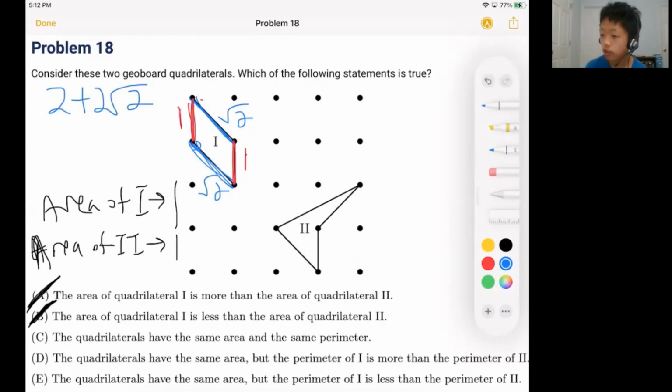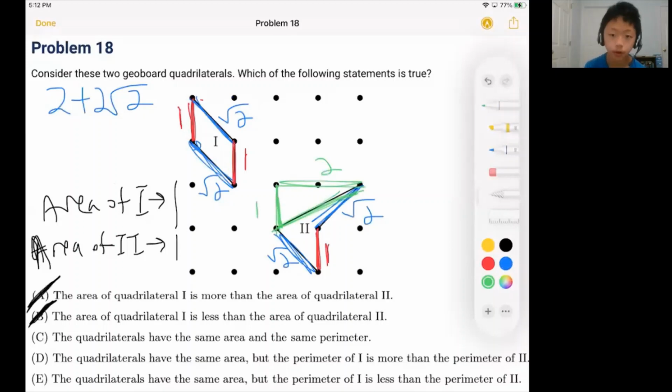And for quadrilateral 2, notice that we have this length here, this has length 1. These two blue lengths both have length √2. And this long green length, we can form a right triangle with lengths 1 and 2.